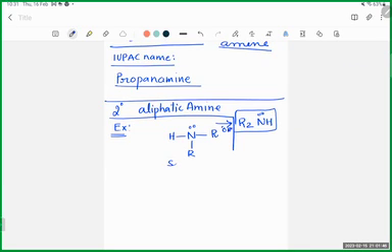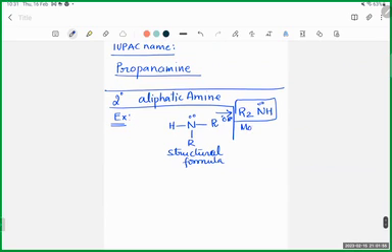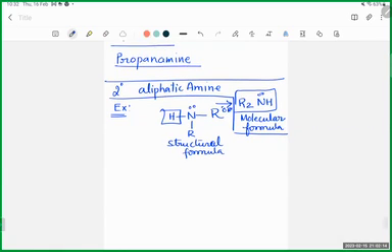The structural formula is this, and the molecular formula, I would say, will be this, okay? So we can say it contains two R, so secondary, or 2 degree aliphatic amine.